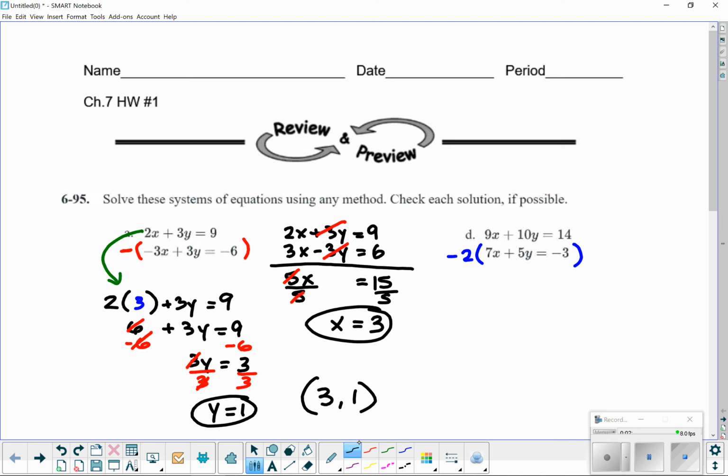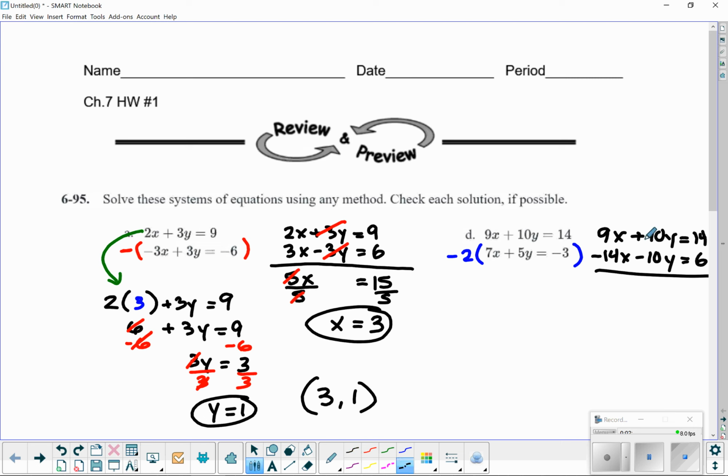My bad. So by doing that, I'll copy the top equation down again: 9x plus 10y equals 14. On the bottom, I'll have negative 14x minus 10y. Negative 2 and negative 3 makes positive 6. And then I'm just going to add.